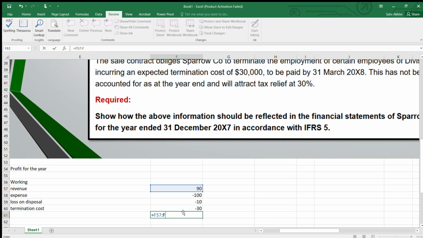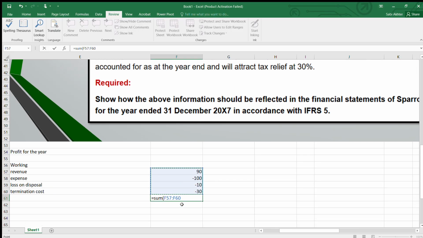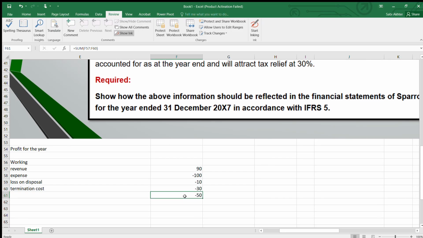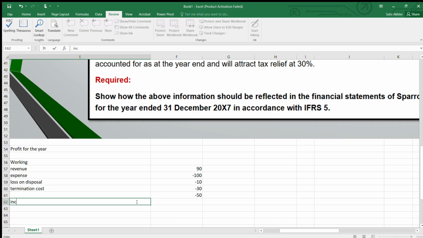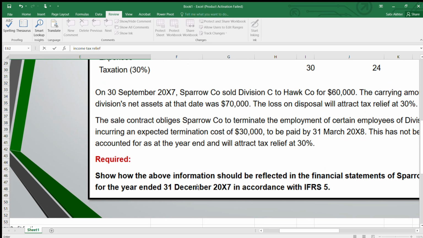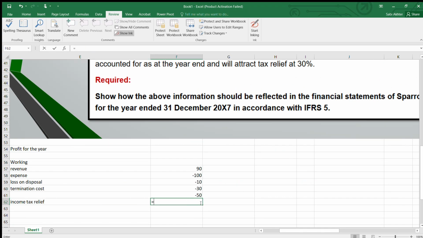Now you have to add up all, so we'll be using the sum function. So this is the amount. Now, because it's a loss, you don't have to pay the income tax. You are going to get income tax relief. So income tax relief is at 30% on this, which is minus 50.